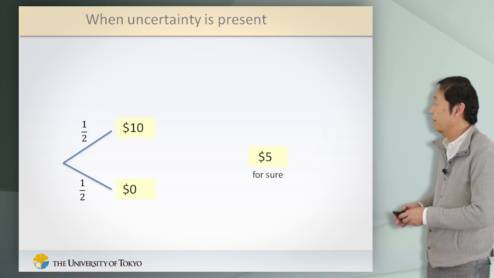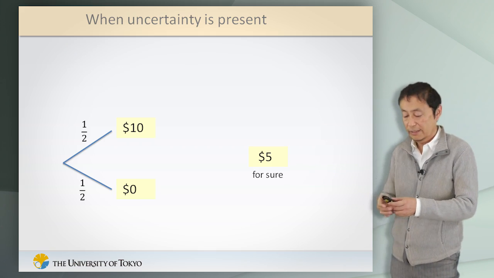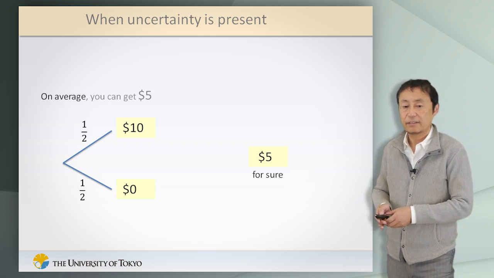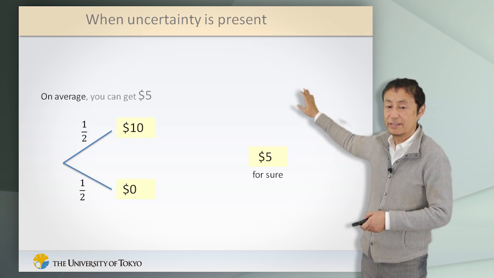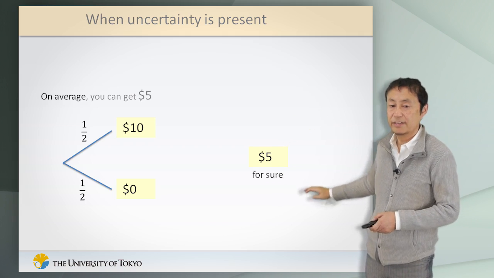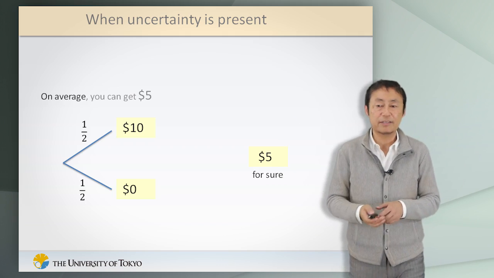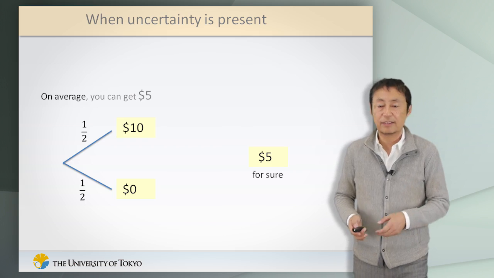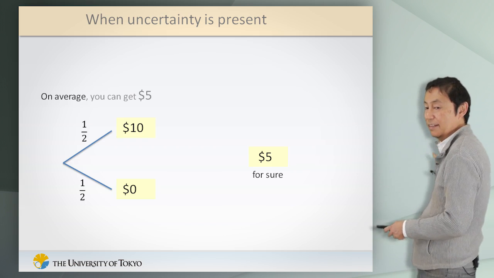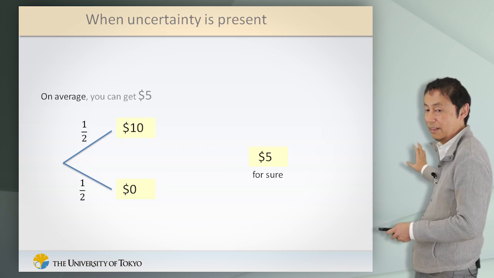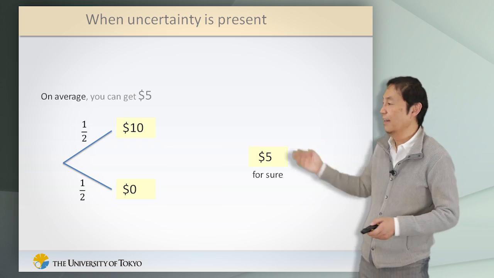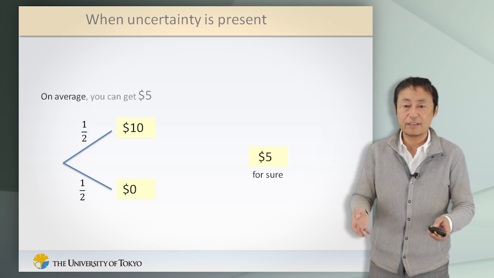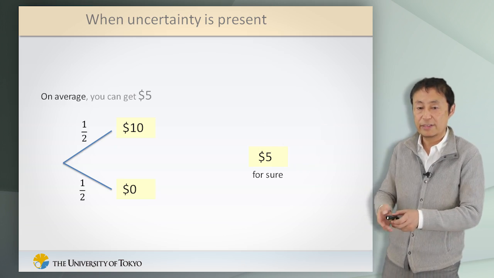If you choose this lottery here, on average, you can get $5. Half the time you get $10, half the time you get 0. On average, you get $5. This is the expected payment of this lottery. On the other hand, if you take the other choice, you get $5 for sure. So on average, those two choices give you exactly the same amount. What's the difference? Well, the difference is obvious.